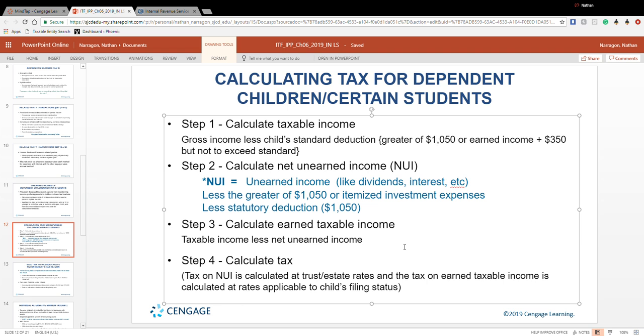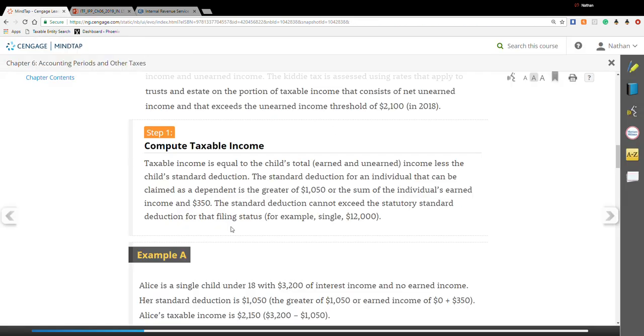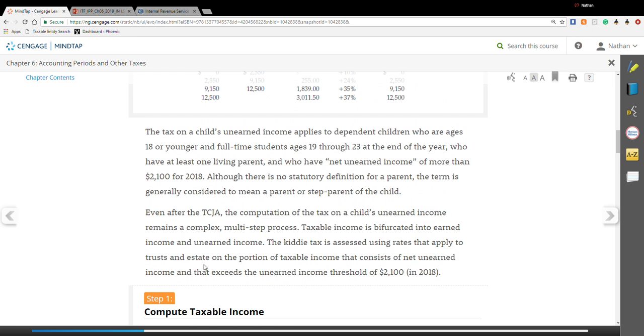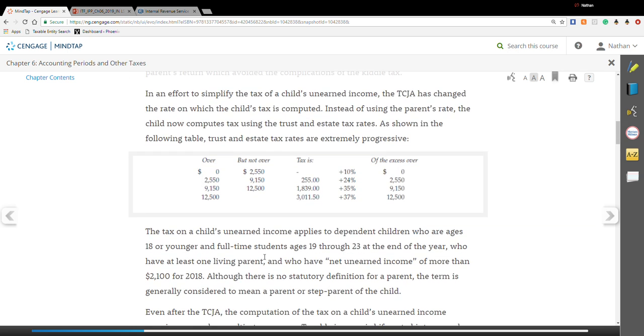Step 2, we're looking at something that doesn't exceed the threshold of 2,100. Kiddie tax is assessed using rates that apply to trusts and estates on the portion of taxable income that consists of net unearned income and exceeds the unearned income threshold of 2,100.